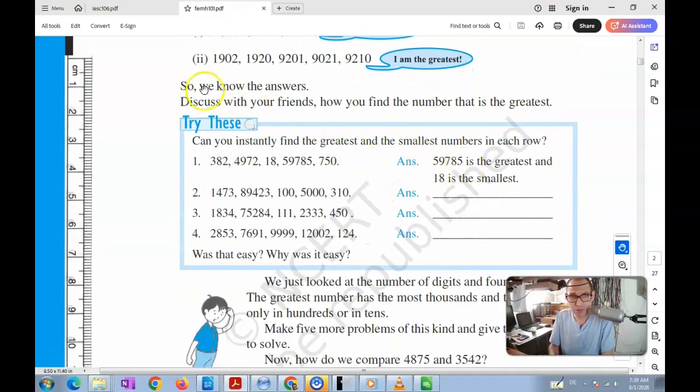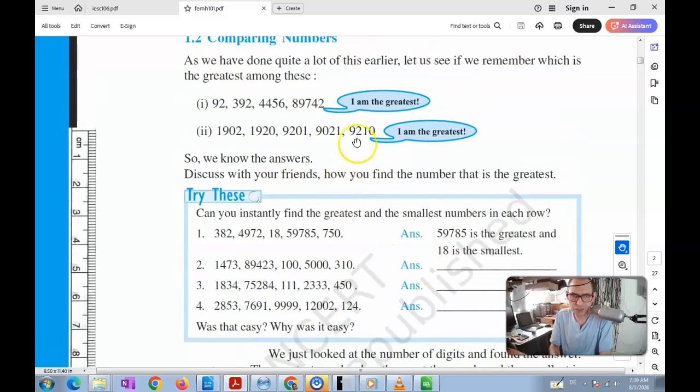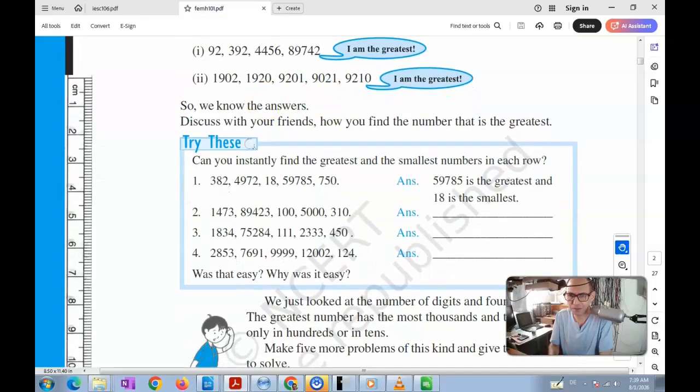Now, we know the answers, and you can discuss with your friends how you find the number that is the greatest. But it's important always to use your common sense. In all of these exercises, of course it's not possible for me to memorize any of these things, because you would simply forget. There is no way for me to know in advance what I'm going to say or do.